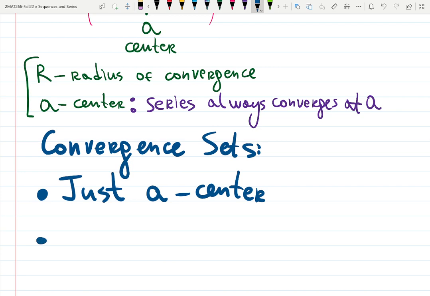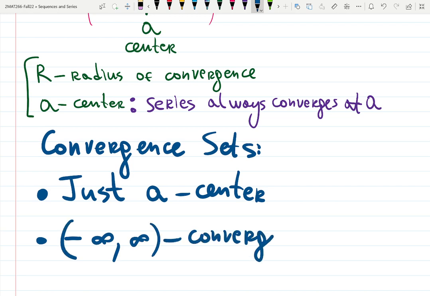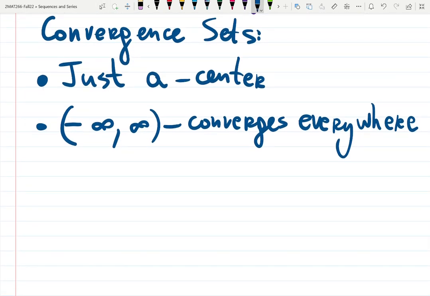The second case, it maybe converges everywhere, minus infinity to infinity. Converges everywhere. That's pretty cool. Some series are safe everywhere. All real numbers. Finally, it can be an interval. Interval is a complicated case because now it has different cases.